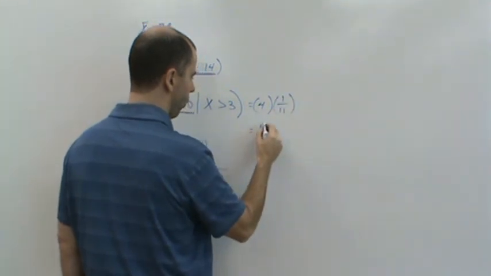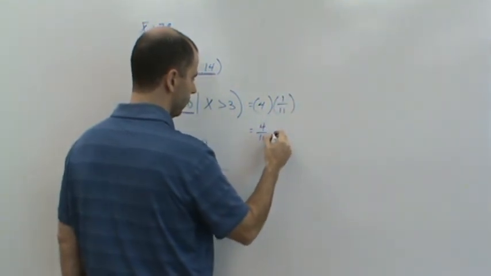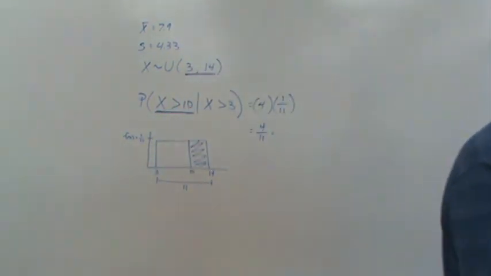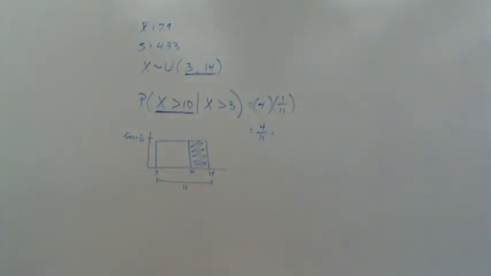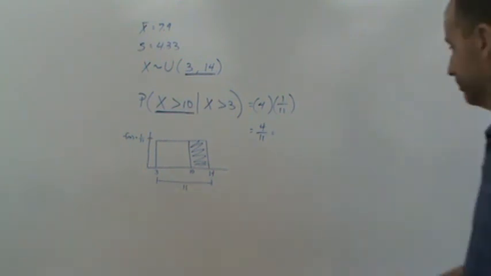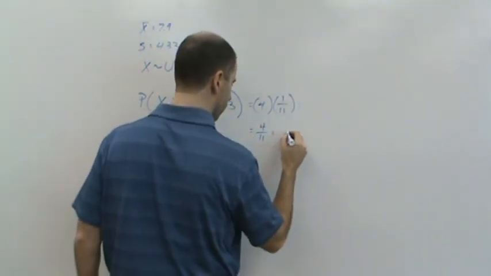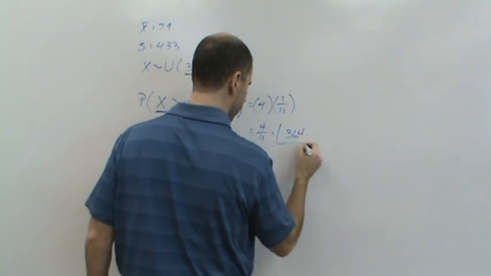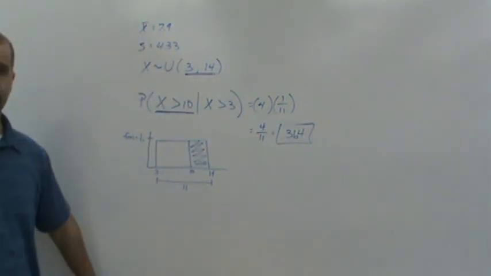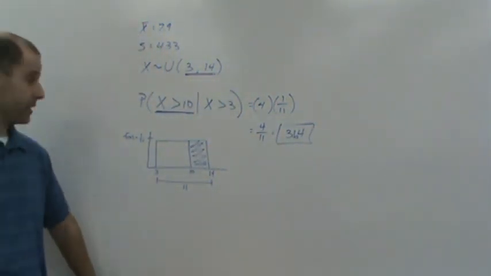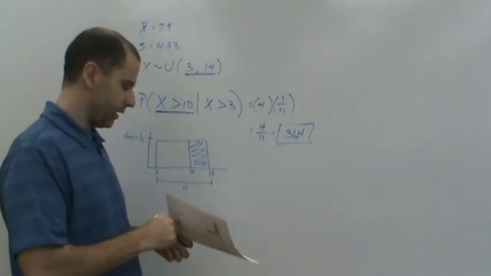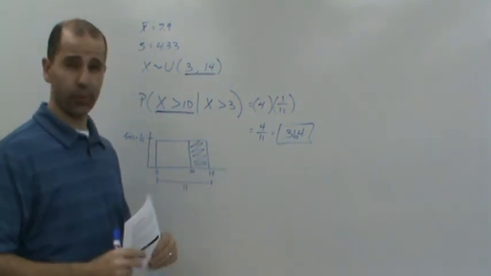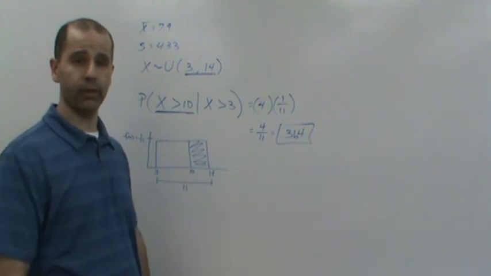And so we get 4 over 11, which is equal to what? 0.364. That's it. That's how easy it is. And so this is an example of using conditional probability with the uniform distribution.